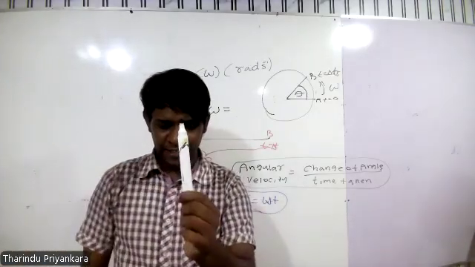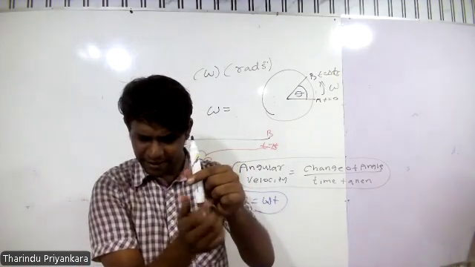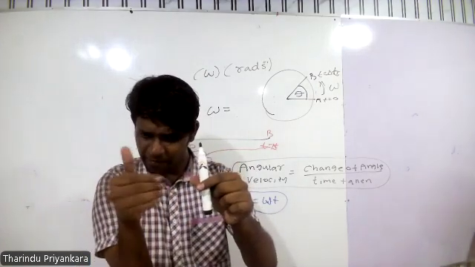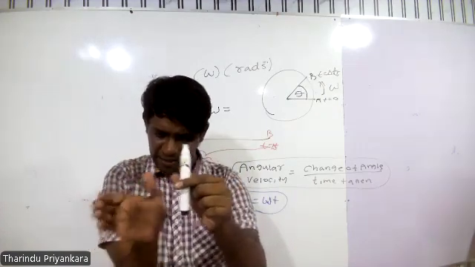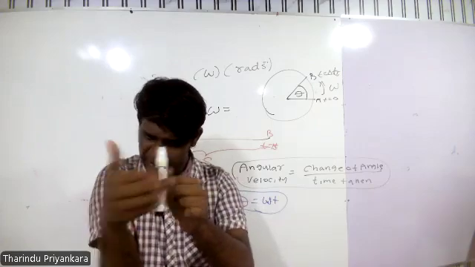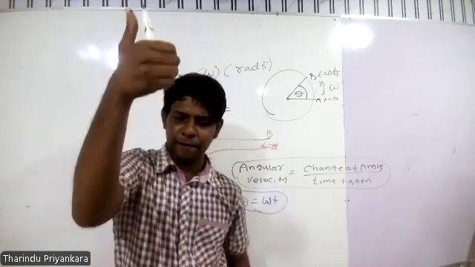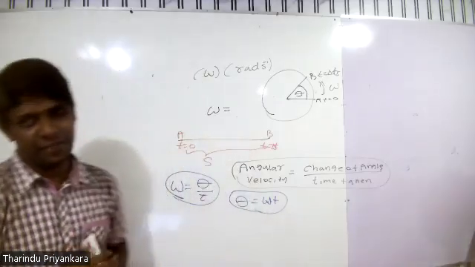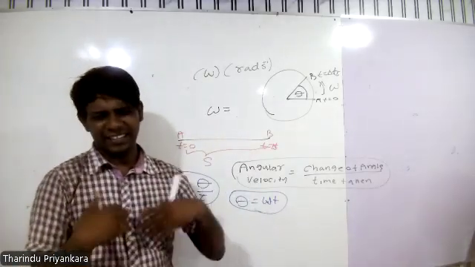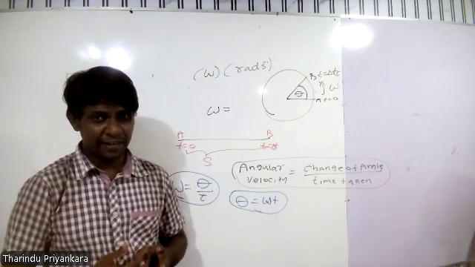See, if this is the marker pen, it rotates in this direction. If I hold my fingers like this in the direction of rotation, the thumb indicates the direction of the velocity. You will understand this through the magnetic field.